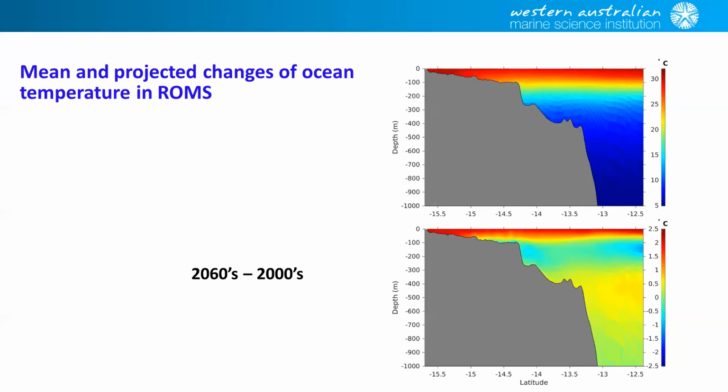You can see the surface layer warms much faster, probably 2 to 3 degrees in the surface layer. And the middle layer has a slight cooling trend, probably due to the throughflow change. So there's an enhancement of stratification on the shelf. To what extent the coastal region will be affected, we will further explore.